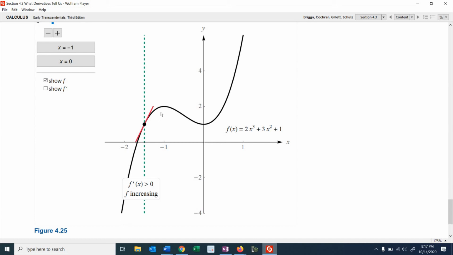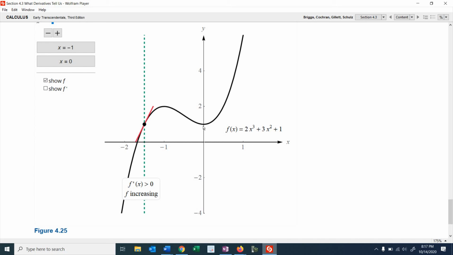And you can see that it's increasing from minus infinity to minus 1. And remember, minus 1 was one of the critical points, and that's where the derivative was 0, right? So that makes sense. And then it was decreasing from negative 1 to 0 in here.